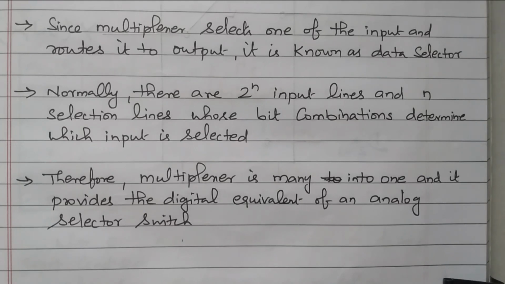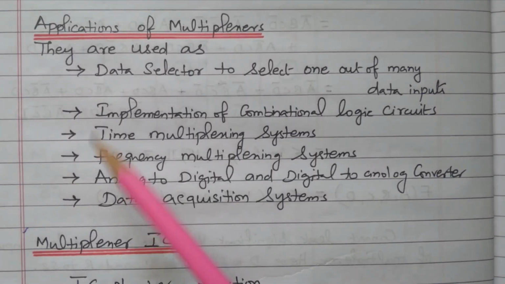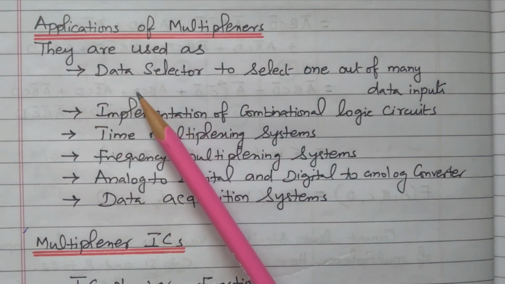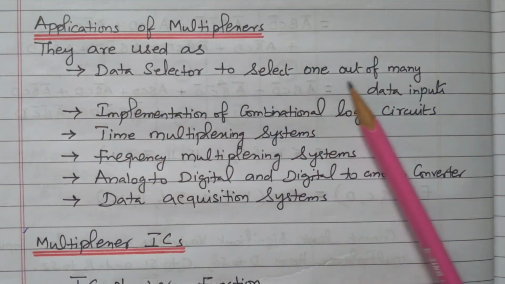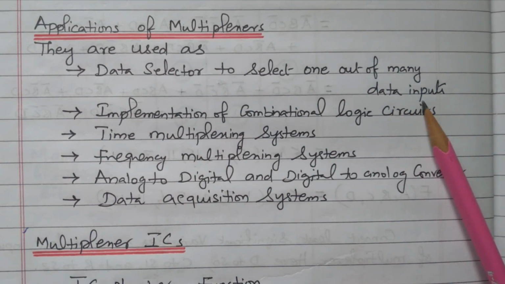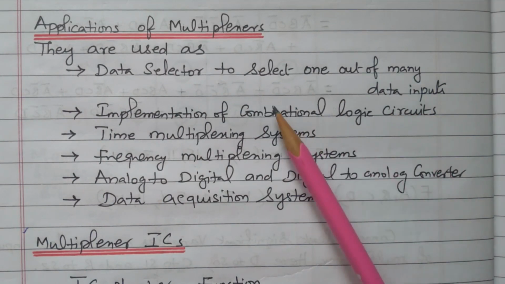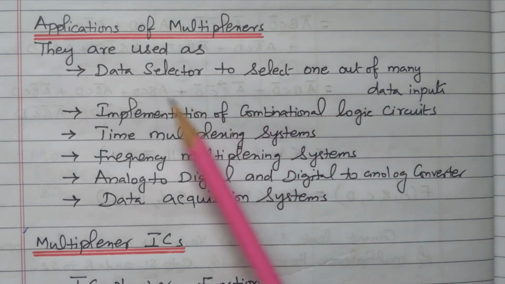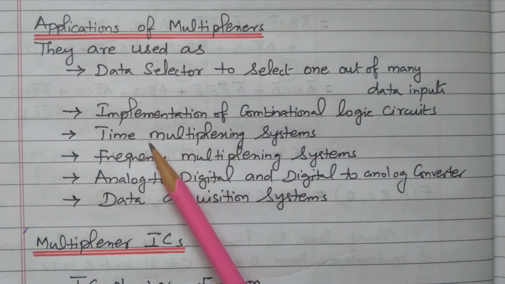Now we will see the applications of the multiplexer. They are used as a data selector to select one out of the many data inputs. The main objective of the multiplexer is that from the many inputs it can select only one output, so it is called a data selector.